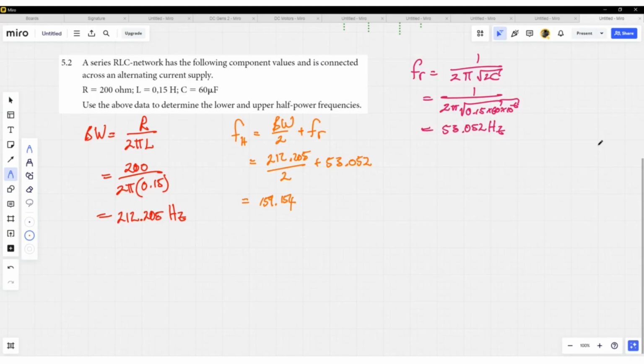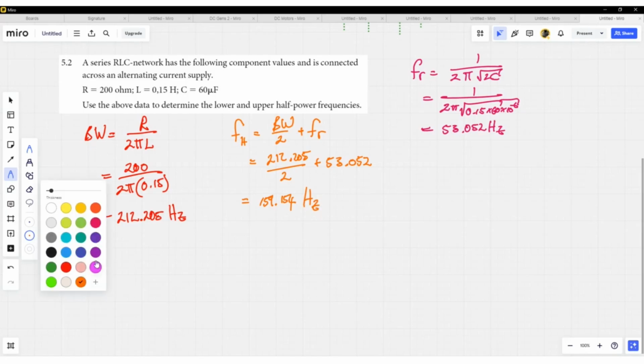Yeah, there is a bit of a problem here, but in any case, let's just follow the exercise for exercise's sake. Right, so that's your upper frequency. So you guys will see with the lower frequency, we're going to get a negative number, which shouldn't be, because negative frequencies don't exist.